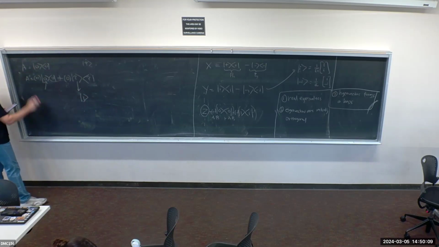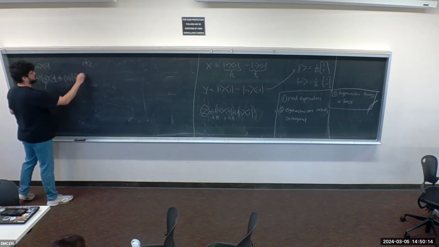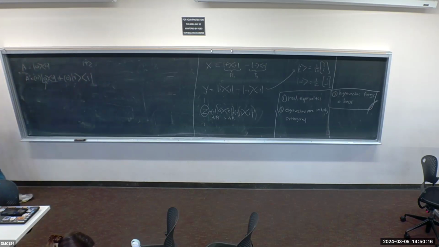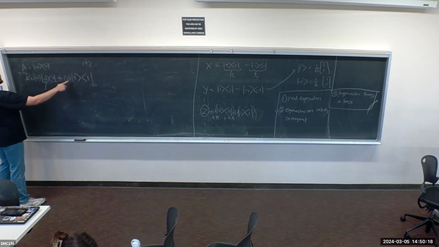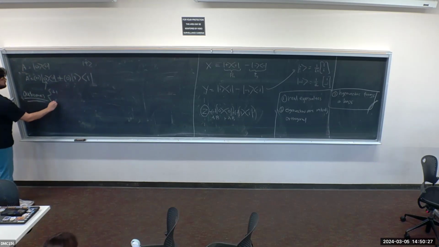So the spectral decomposition for this would be 0 times the outer product of ket 0, bra 0, plus 1 times the outer product of ket 1, bra 1. So now you have outcomes plus 1 and 0.